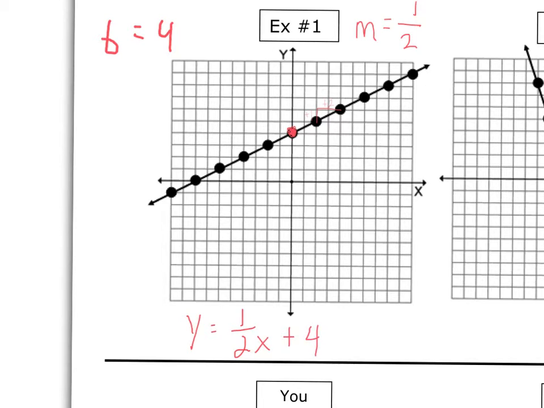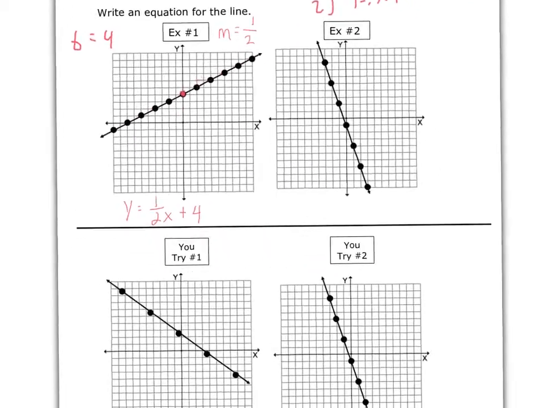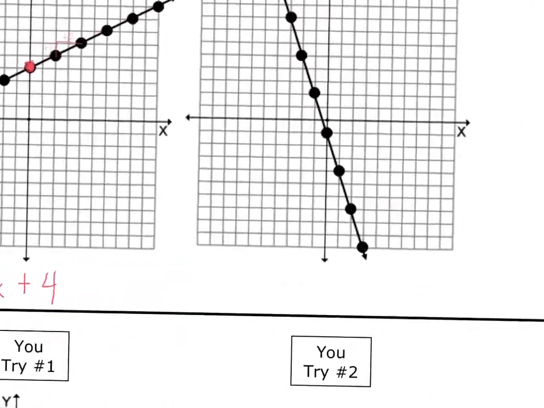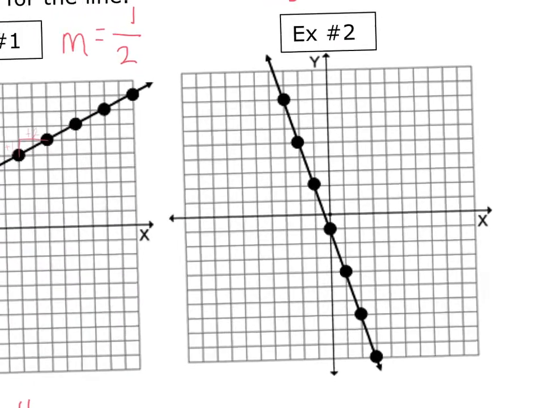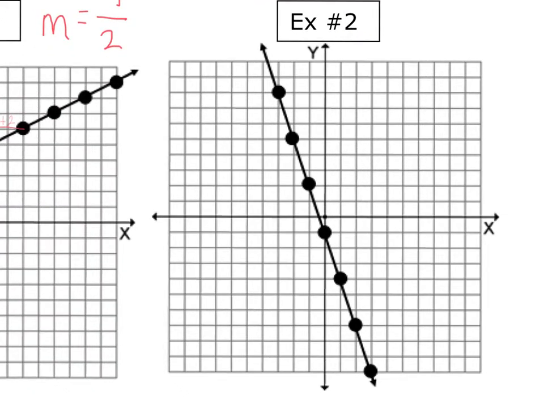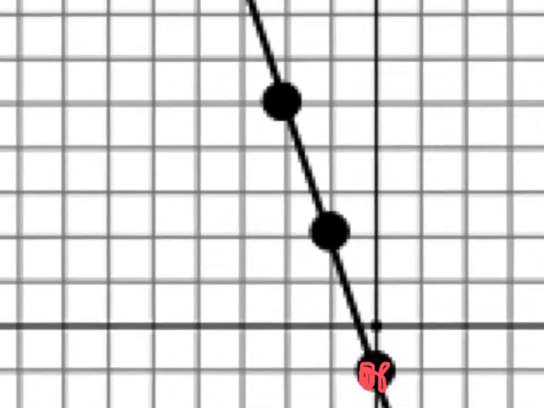Okay, let's try one more of these, and then I'll send you off on your own. On this one, it looks like we have a y-intercept of -1, so our b is -1. And for our slope, let's find our rise over run. We have to go down 1, 2, 3, so -3, and we have to run +1.